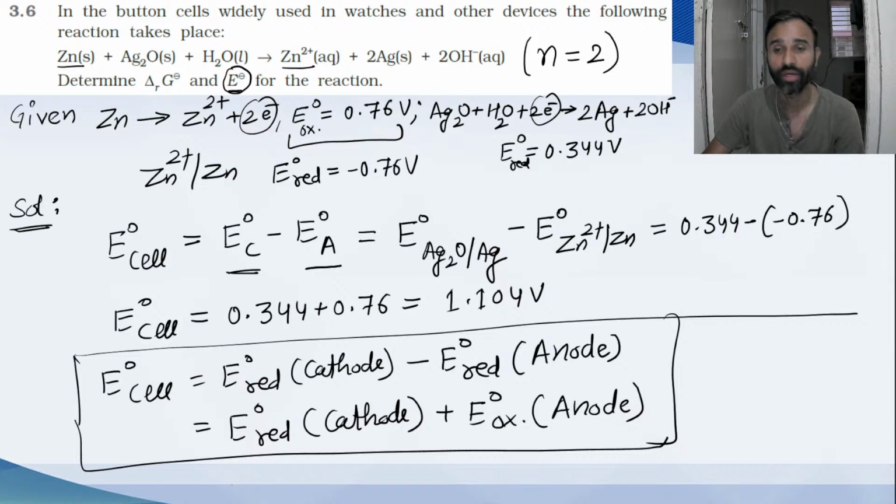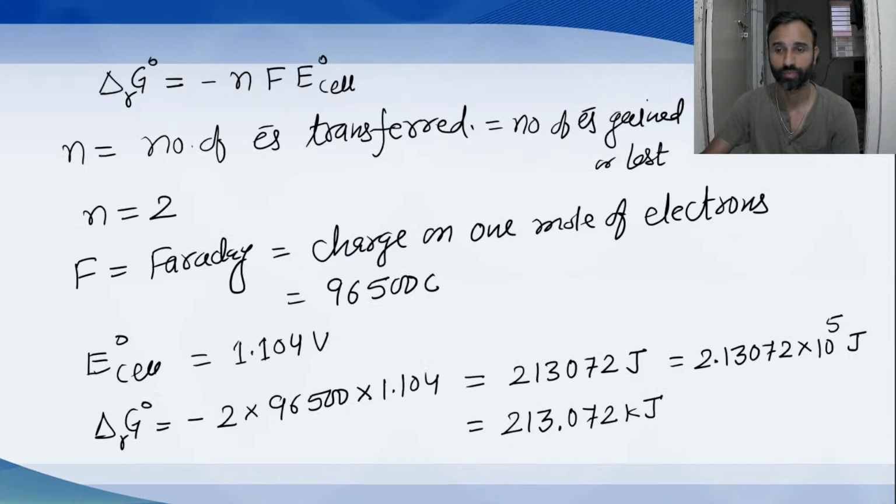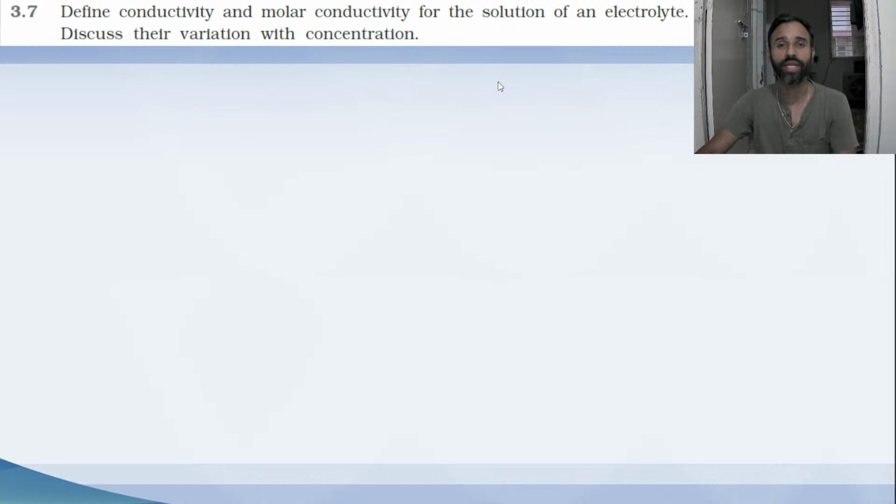Right? Now next question, 3.7. Define conductivity and molar conductivity for the solution of an electrolyte. So the root of conductivity and molar conductivity is resistance and resistivity. What is the relation between resistance and resistivity?